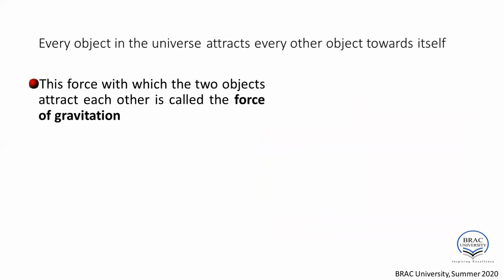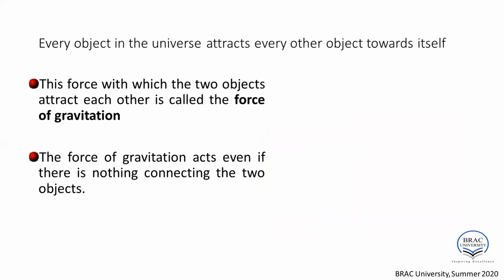Every object in the universe attracts every other object towards itself. So this force with which two objects attract each other is called the force of gravitation. The force of gravitation acts even if there is nothing connecting the two objects.